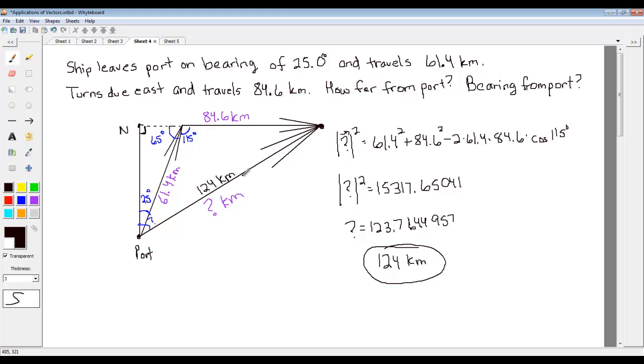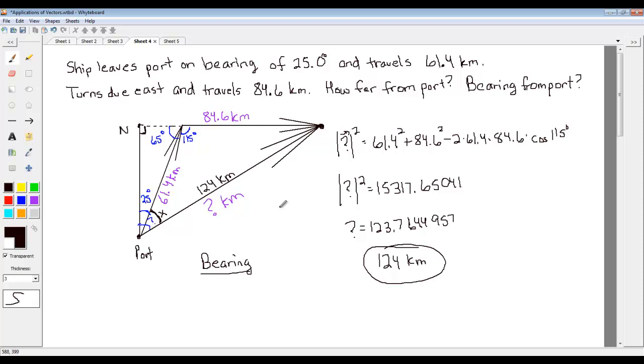Alright, so now we know how far from port it is. And then to get its bearings, well, let's see here. I know this angle and its opposite side. If I can find this angle, x, because I know its opposite side, then I can add that to 25 and get the total bearing.